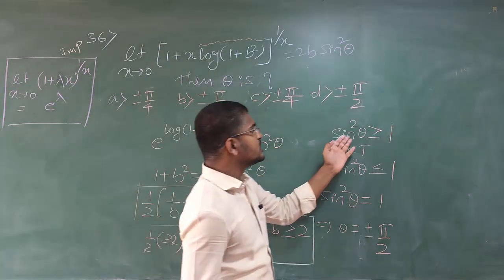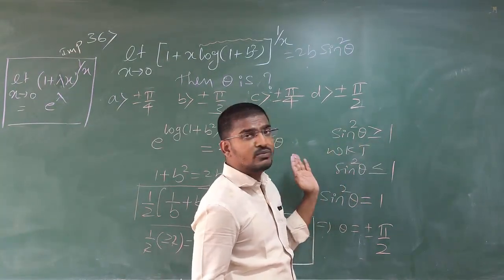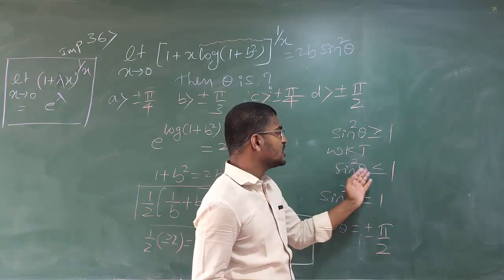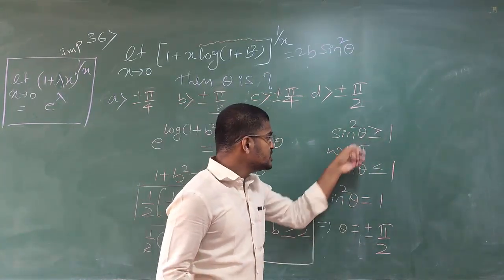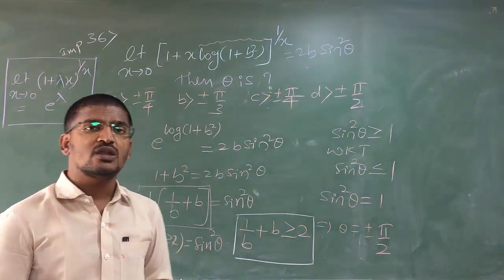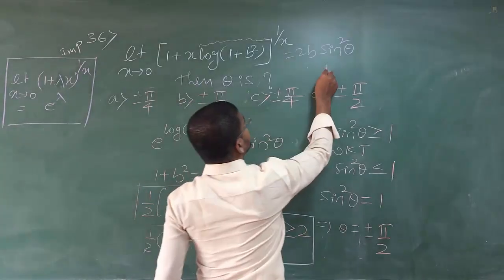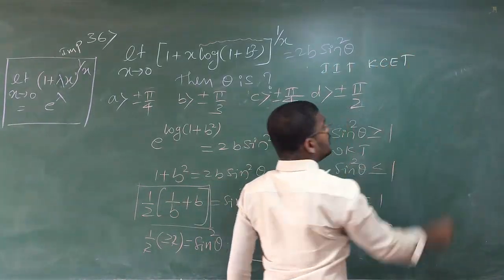If you get sin square theta greater than or equal to 1, we know that the range of sin theta is in between minus 1 and plus 1. That is, sin square theta is always lesser than or equal to 1. From these two, we have sin square theta equal to 1. Therefore, theta equal to plus or minus pi by 2. Asked in IIT exam as well as KCET exam.